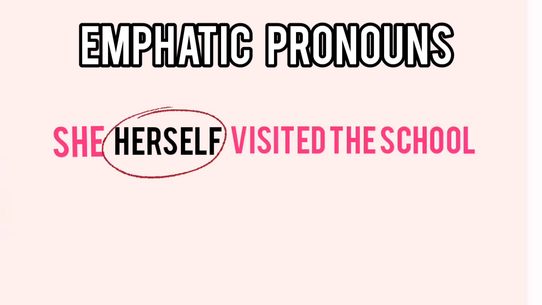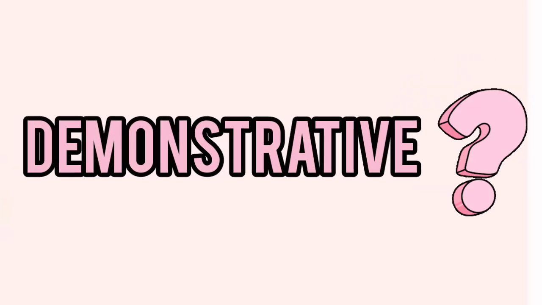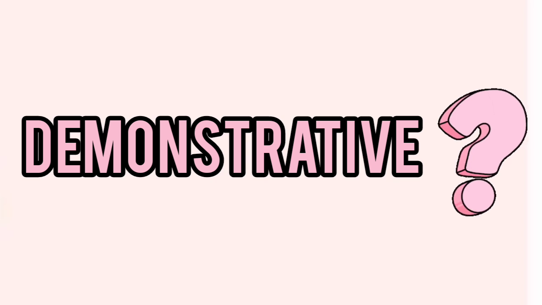Now let us move further, and that is demonstrative pronouns. What are demonstrative pronouns? First of all, let us discuss the literal meaning of demonstrative. The literal meaning of demonstrative is to show something to someone, or simply we can say, point out a thing.